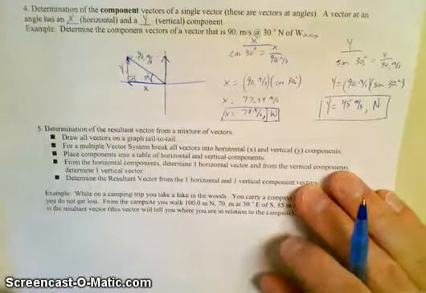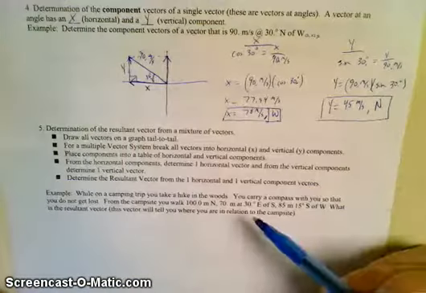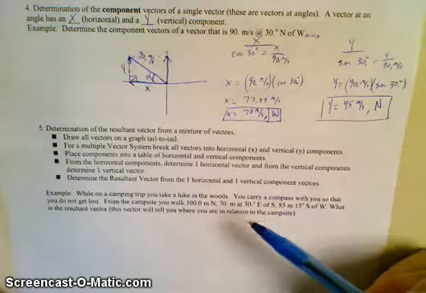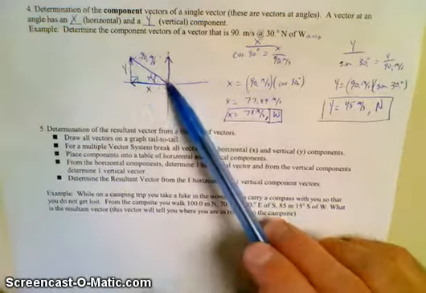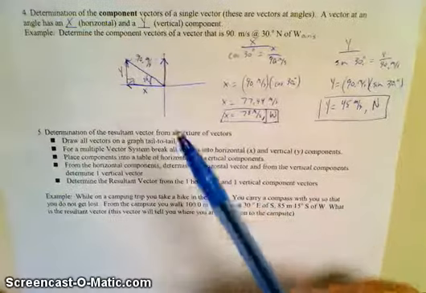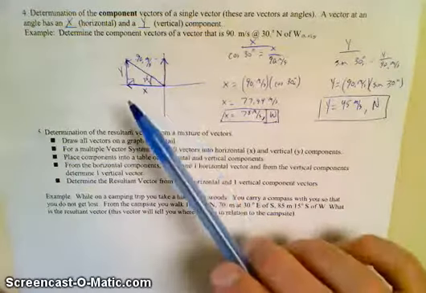So, the skills we've looked at so far, we've looked at adding vectors in the same direction, subtracting vectors that are in opposite directions, and then if we have a vector at an angle, we can break it into x and y components. Well, why would we want to do that? Well, let's look at the next one.